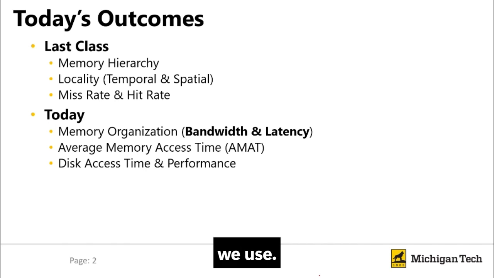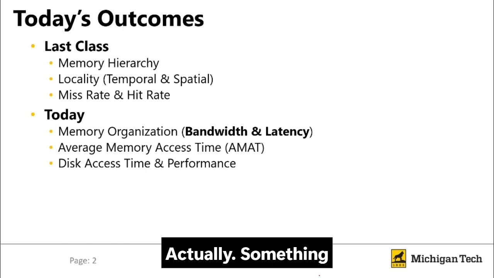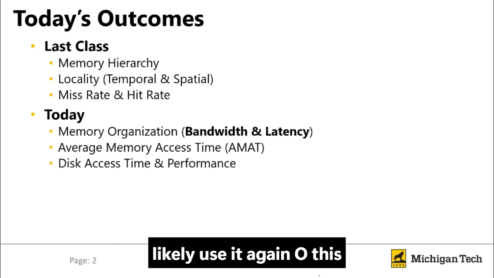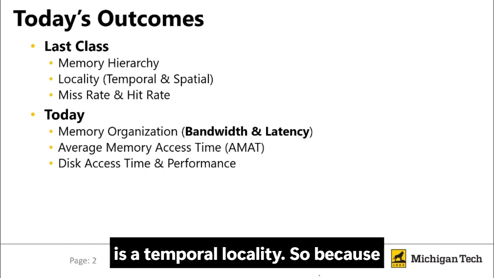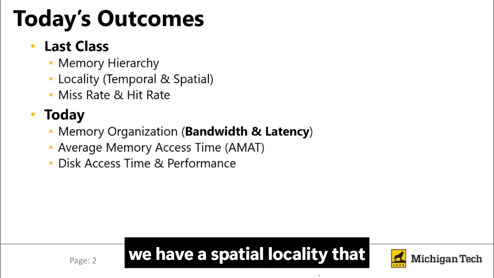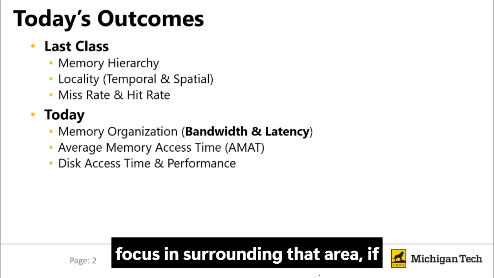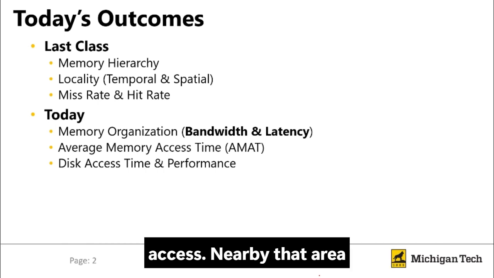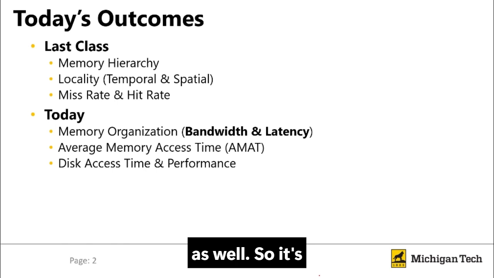If we use something, a part of the memory, we will likely use it again. This is temporal locality, because it's in time. And we also have spatial locality that focuses on the surrounding area. If you access something, you will likely access nearby that area as well. So it's better to be closer to the CPU.